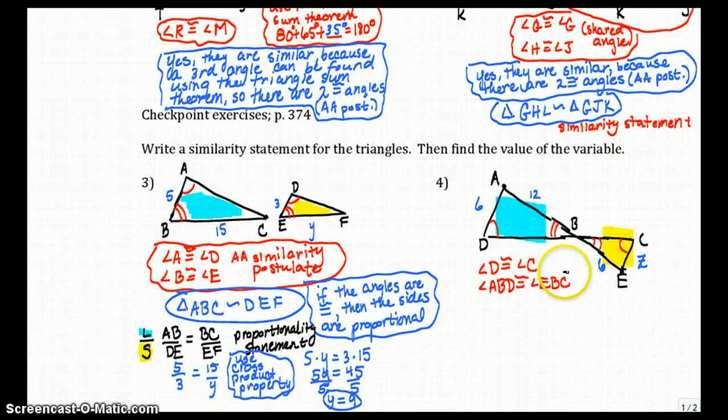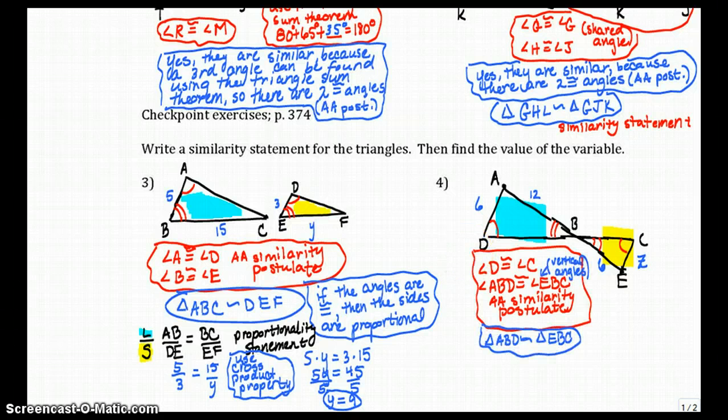So now we have the AA similarity postulate.